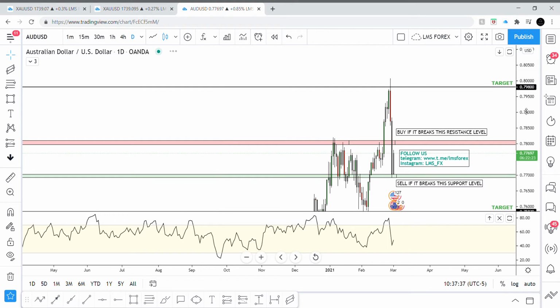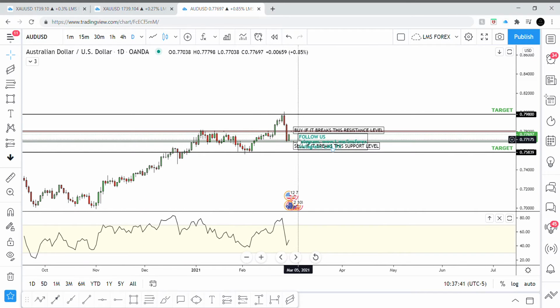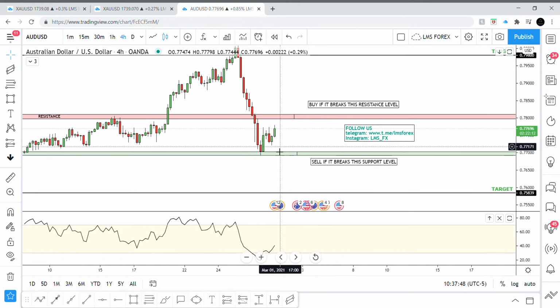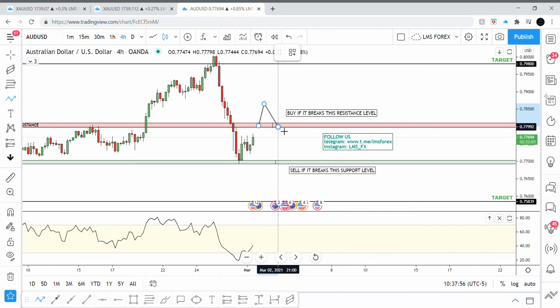However, on the daily time frame, this pair has also been in an uptrend, so it might find support right now to keep going up. But in our situation right now, it's just within this range. What we want to see is a break of this resistance, come back, test it as support, so we can target up.